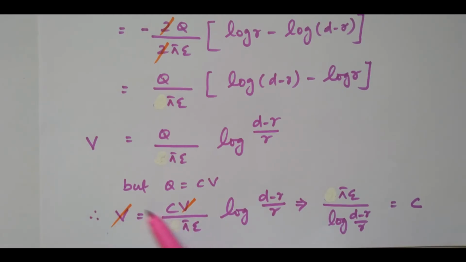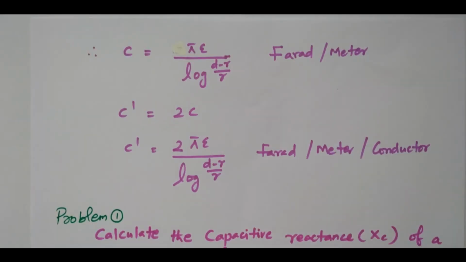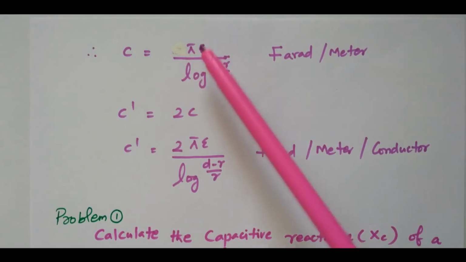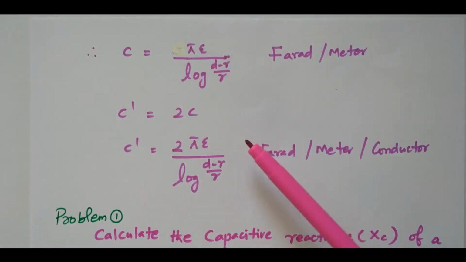Bring this term to the numerator, bring this term to the denominator, so that c equal to pi epsilon divided by log d minus r by r, right? So what we got? C equal to pi epsilon divided by log d minus r by r, the final expression.